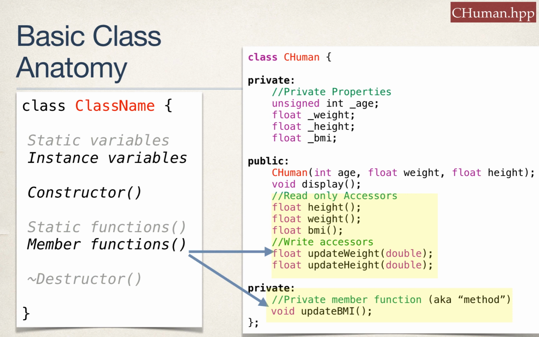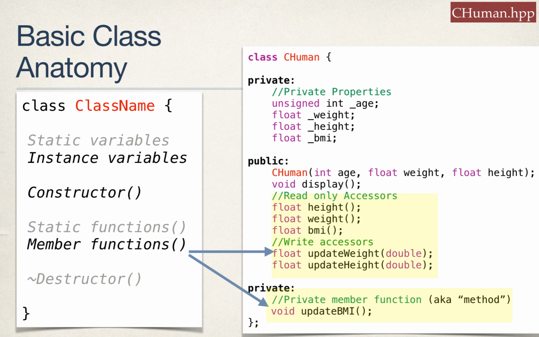Setting the height and weight with update weight and height will automatically call this if we do things properly. Constructing a new CHuman will also call UpdateBMI directly, as we'll see. But if we do this well, the user should never have to call it. Therefore, UpdateBMI is a private member function which is only visible and usable inside the class.